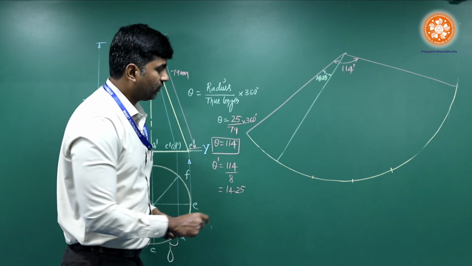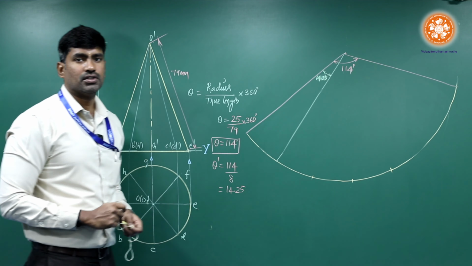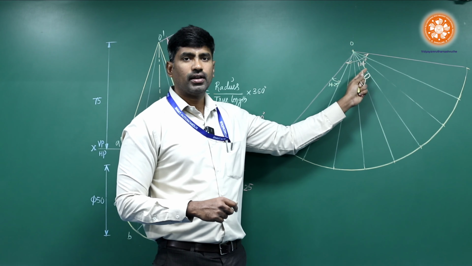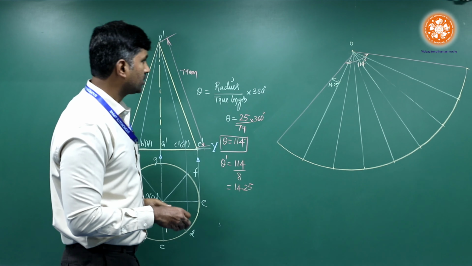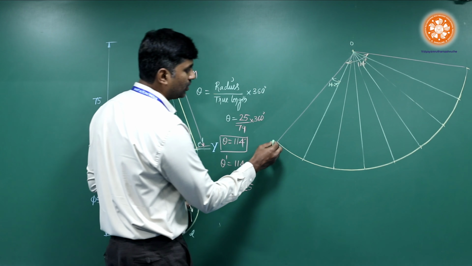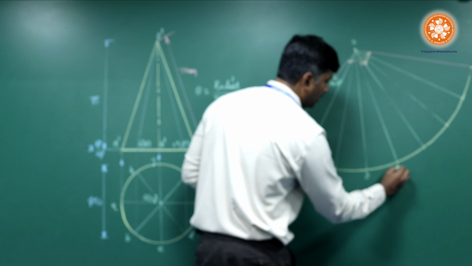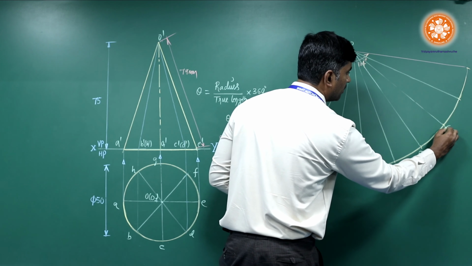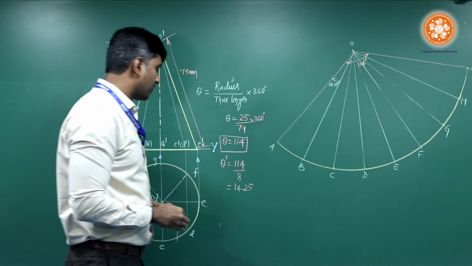The most important, you just divide the entire thing, you will get 8 number of divisions. After dividing this 114 degree into 8 parts, we will get 14.25 degree. So next, proceeding with the same naming A, B, C, D in counterclockwise direction. So we have this A, B, C, D, E, F, G, H, and again the last point is A.